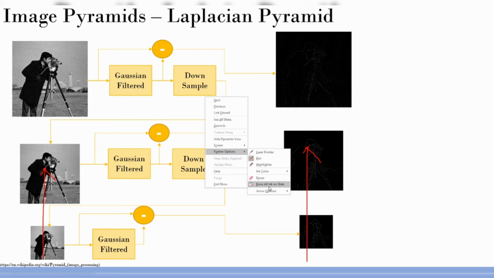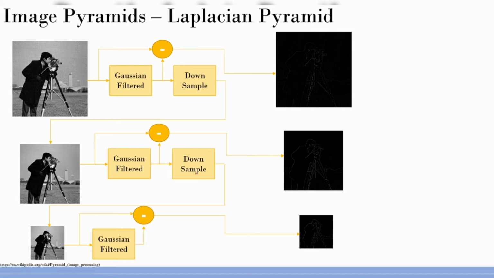So all I am doing is basically this sort of mathematical operation. Let me call this one over here the Laplacian, and this one over here the Gaussian, and this is my original image.